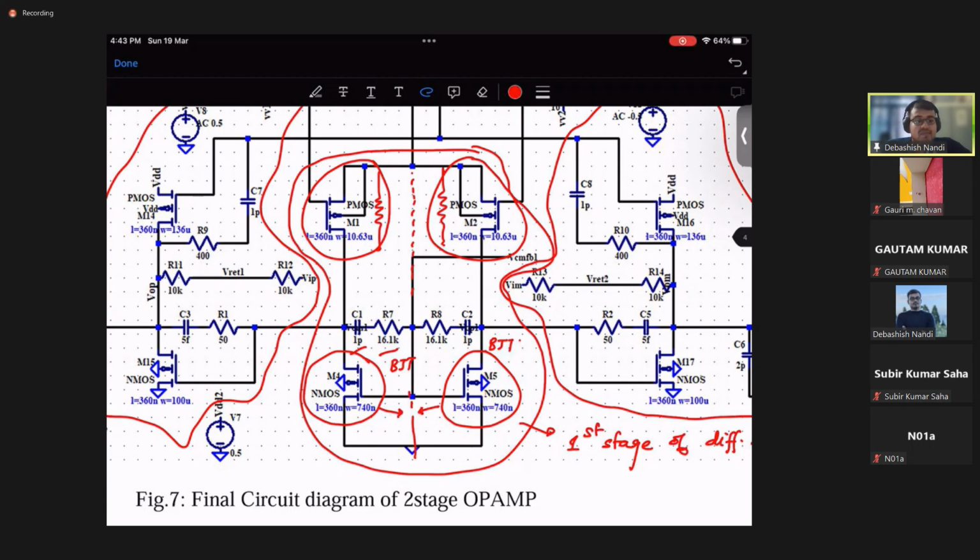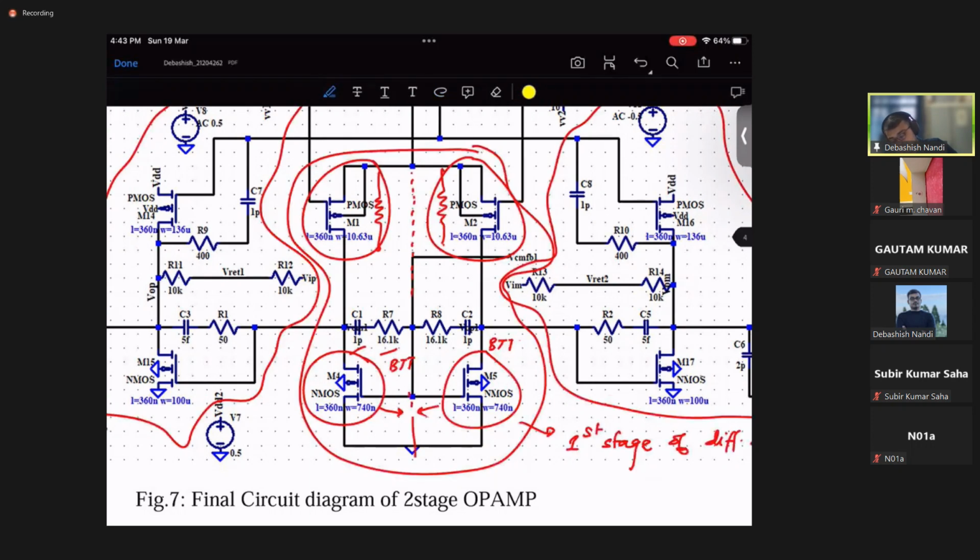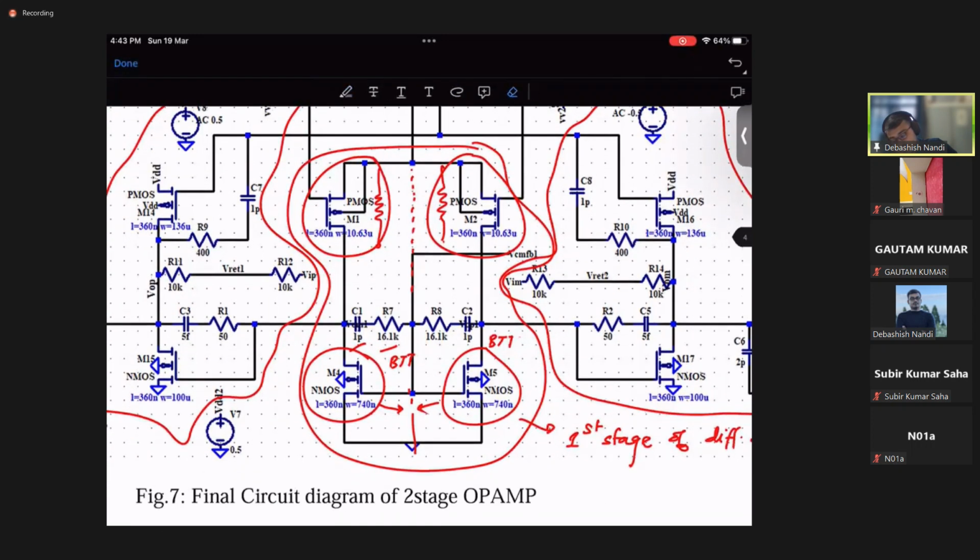Okay, so these two strands basically, let me tell this side strand. Okay, this left side.